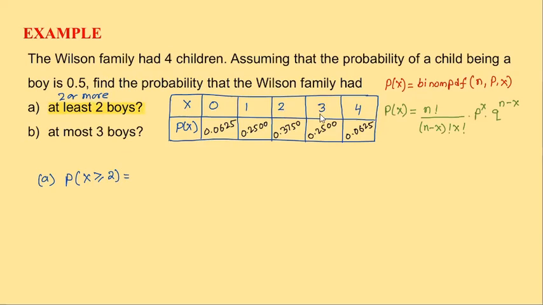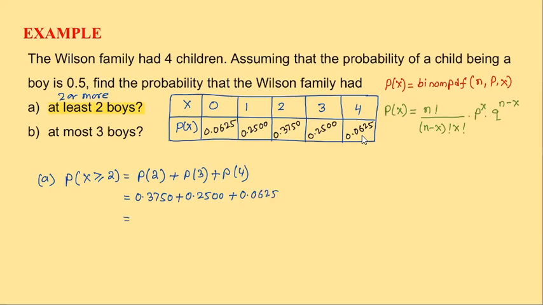So the probability that x equals 2 plus the probability that x equals 3 plus the probability that x equals 4. From the table, the probability when x is equal to 2 is 0.3750, when x is equal to 3 is 0.2500, and the probability that x equals 4 is 0.0625.